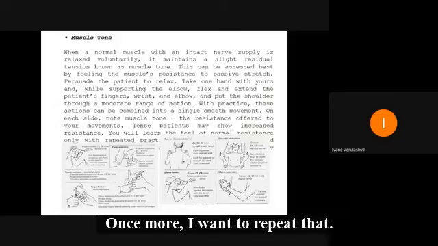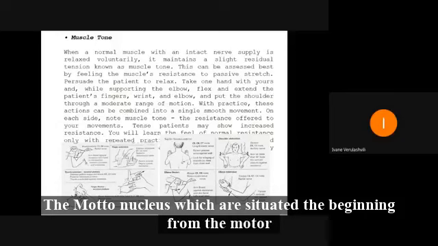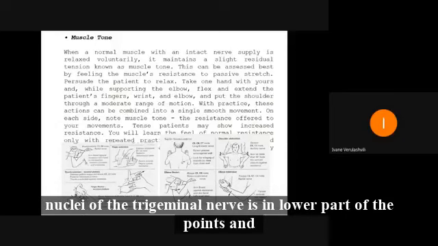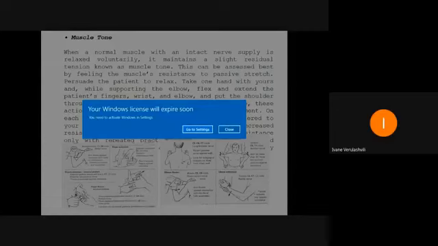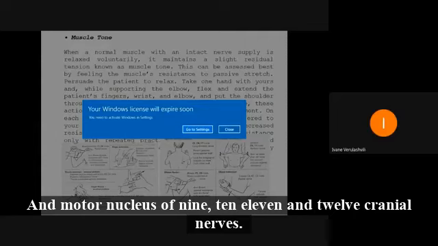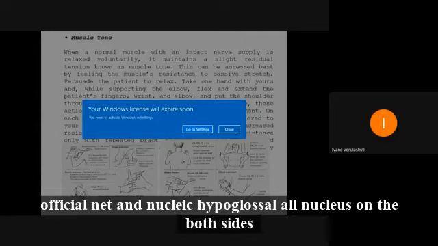Once more, I want to repeat that the motor nucleus of the trigeminal nerve is in the lower part of the pons, and the facial nerve also is in the lower part of the pons, and the motor nuclei of the 9, 10, 11, and 12 cranial nerves have specific innervation, except the half nucleus of the facial nerve and the nucleus of the hypoglossal nerve.